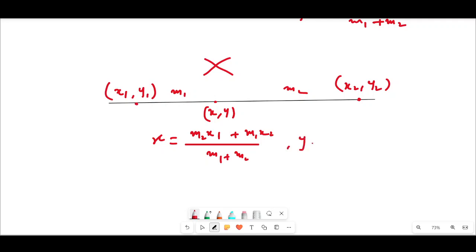Now for y, we can write in the same manner, m2 y1 plus m1 y2, then m1 plus m2.